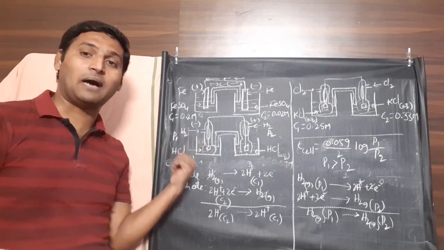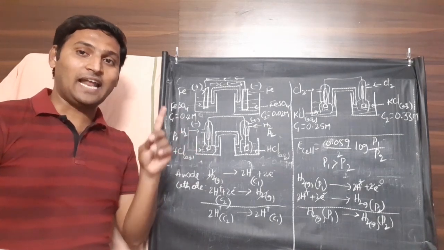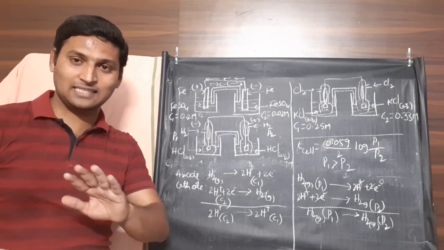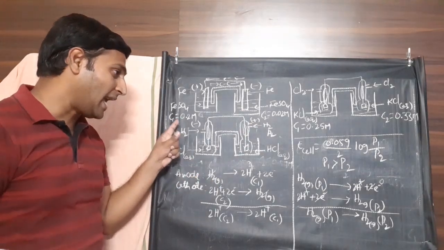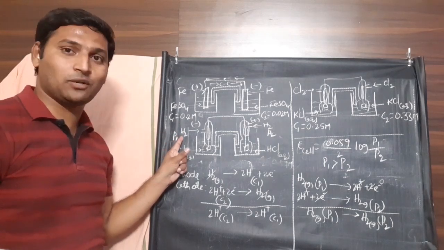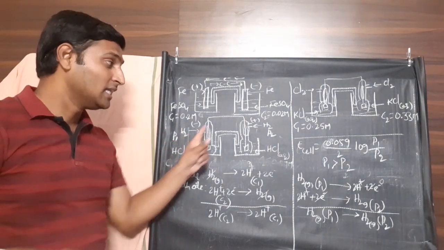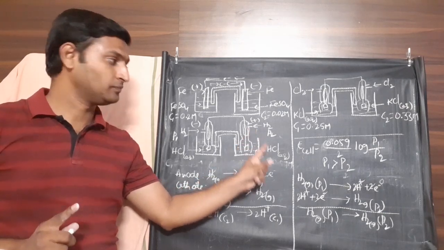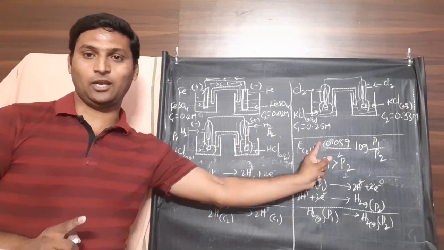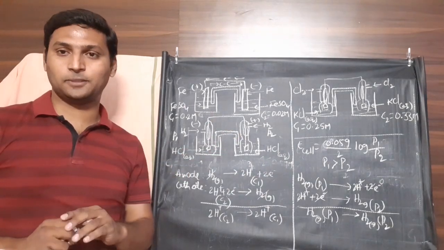Concentration of cations is smaller, that will be anode. Whereas if concentrations are given constant and partial pressures are different on both sides, then the one having larger partial pressure will act as anode, the one having smaller partial pressure will act as cathode. Please relate to the equation and please relate to the situation.